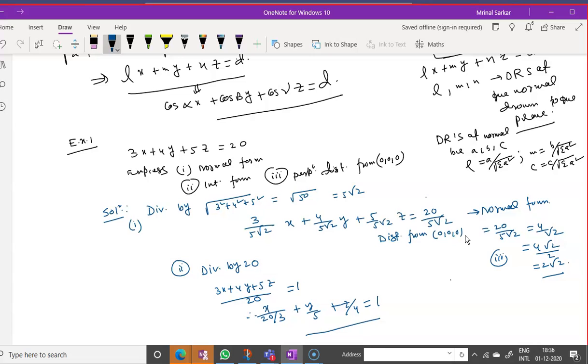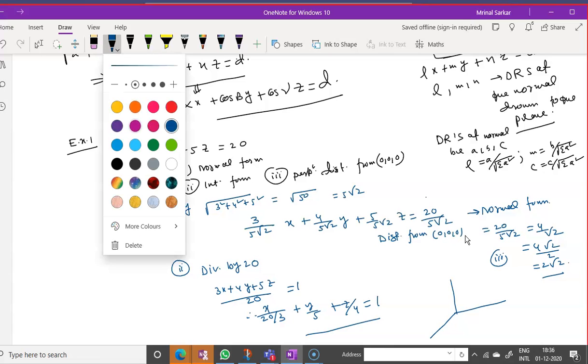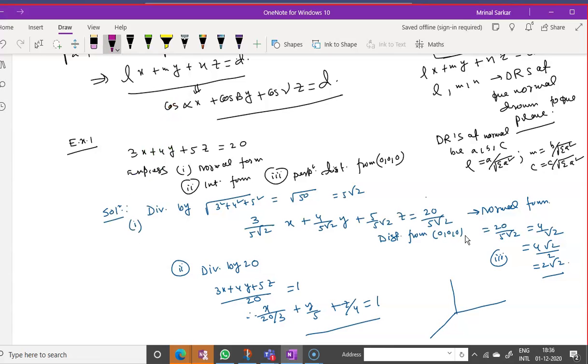So if you try to draw the plane here, it will look like this. We are seeing it from outside, and this plane we have drawn in a two-dimensional coordinate system. This point is going to be 20 by 3, 0, 0.